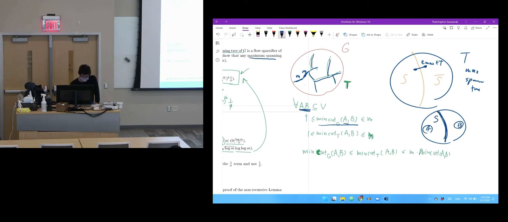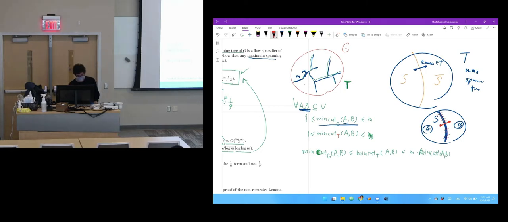But you know that the maximum edge here will be in the maximum spanning tree. So the cut size, if you count only one edge here, or you count all the edges here, it's just within an M factor.